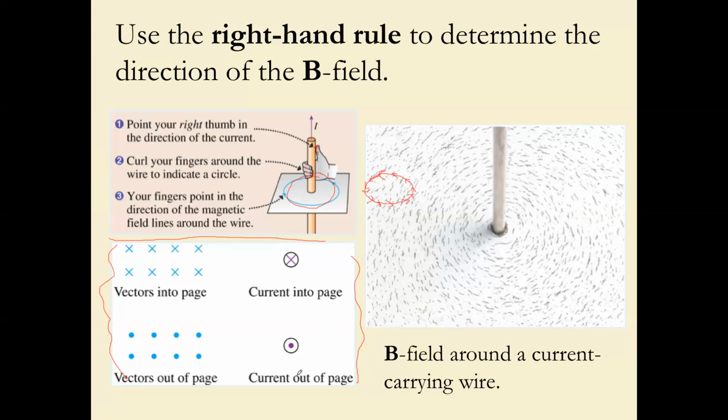And if a current goes out of the page, this is the notation. In terms of vectors, if a vector points into the page, we make a cross, as you can see here. If a vector points out of the page, we just put a dot. So those are just notations that we will use in this chapter.